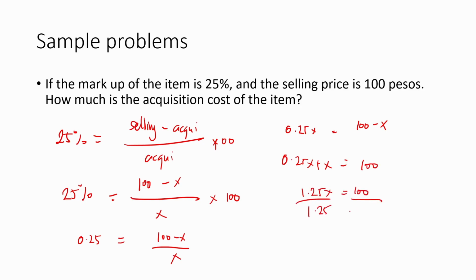Divide both sides by 1.25 and you would get 80. So this is the acquisition price of the item.